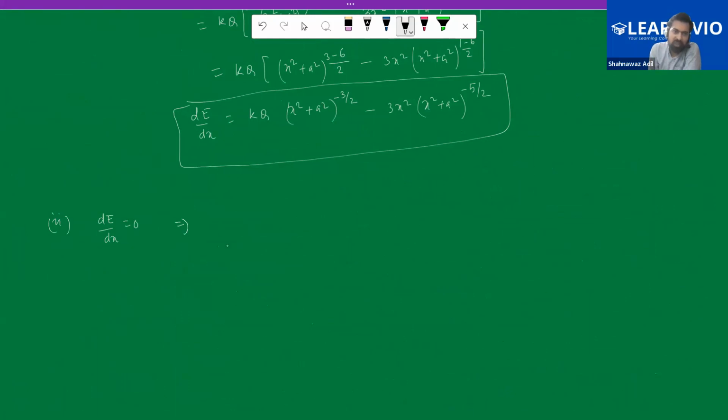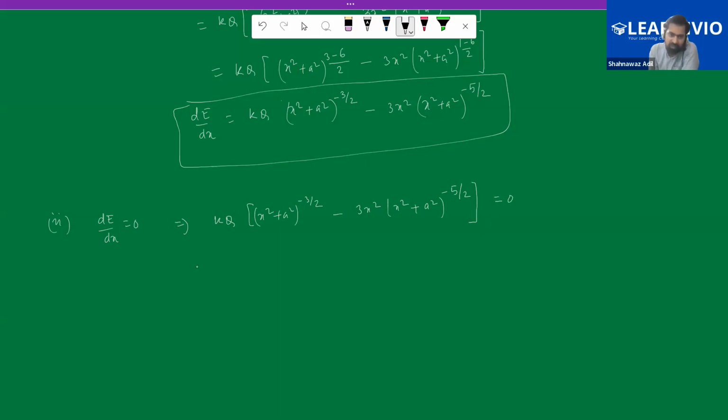So if we put dE/dx equals 0, then kq(x² + a²)^(-3/2) minus 3x²(x² + a²)^(-5/2), right? So this is there and this is equal to 0.